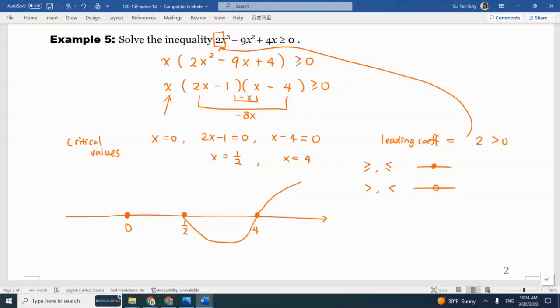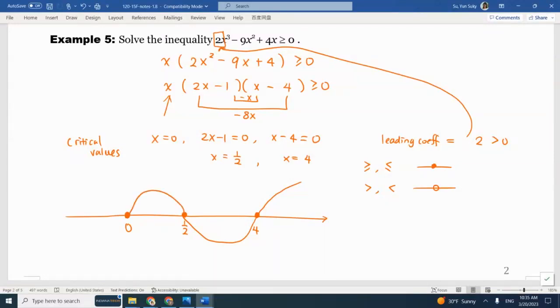Multiplicity is the power, the exponent of this factor. If you don't see any power, then we know the power is 1. Is 1 odd or even? Then do we cross or bounce off? Cross, yes.